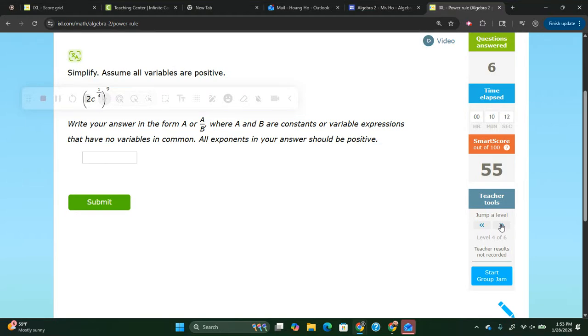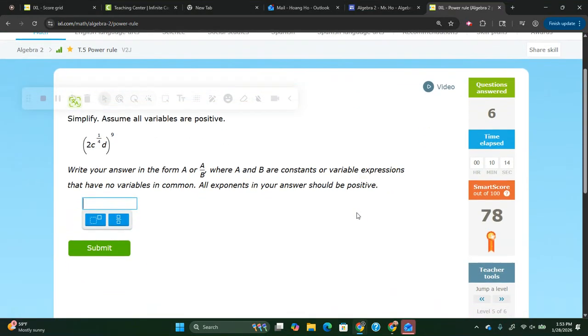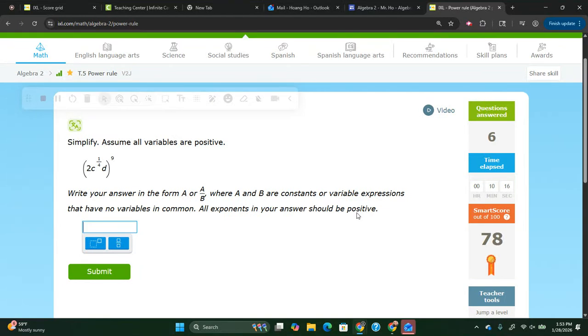Okay. Let's do the next level. Okay, so now we got 2 C power 1 over 4 and then D power 9. So each value inside the parenthesis will be power one more time with 9.